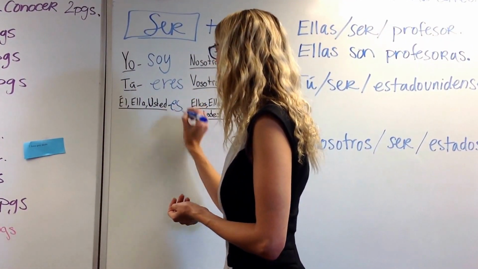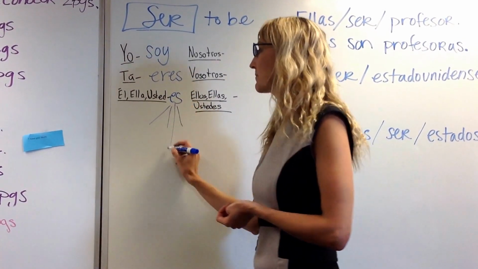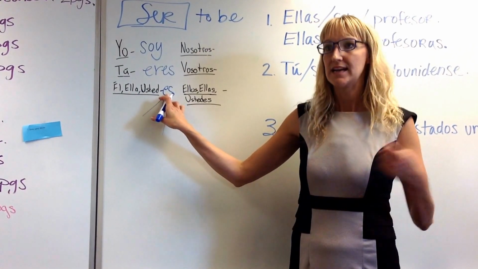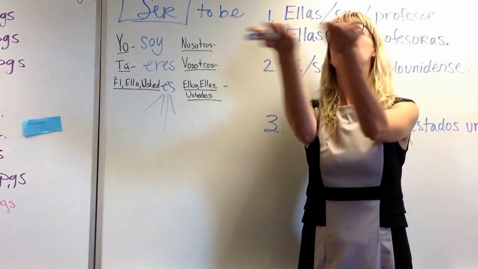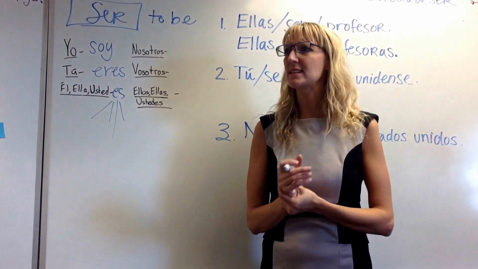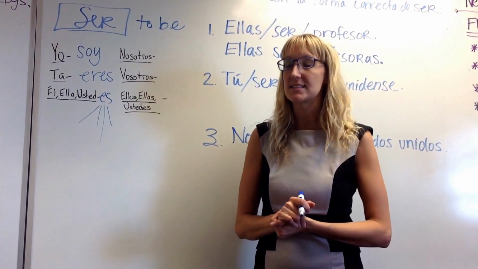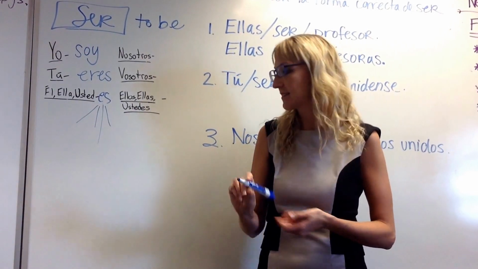Es. So es has 4 different meanings. Él es means he is. Ella es means she is. Usted es means you formal are, and the last meaning is it is, like it is a marker.